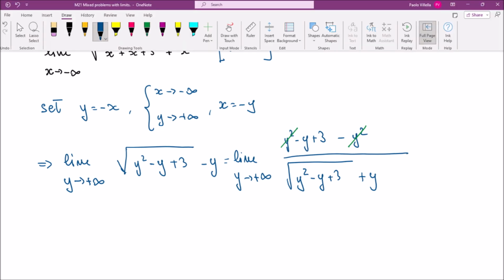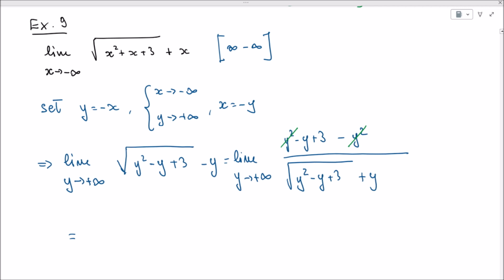So this is just equal to the limit as y tends to plus infinity of 3 minus y, over the square root of y squared minus y plus 3 plus y.